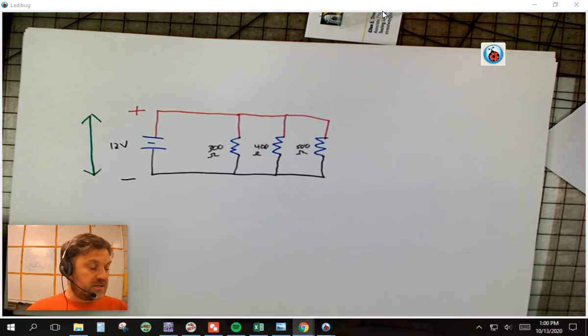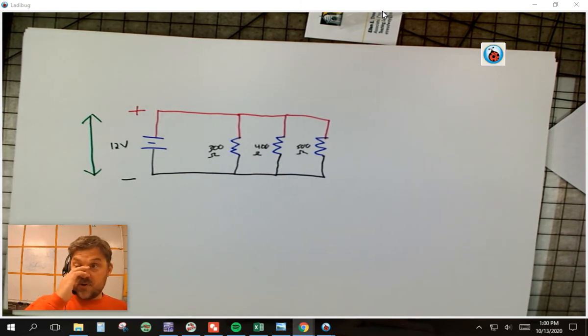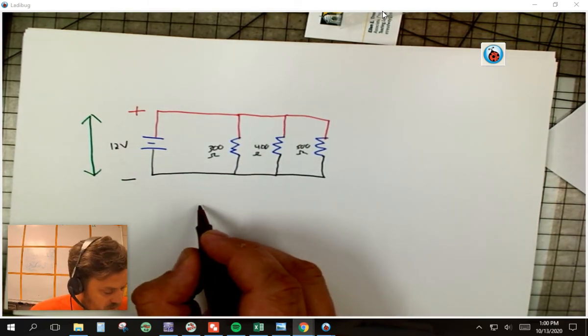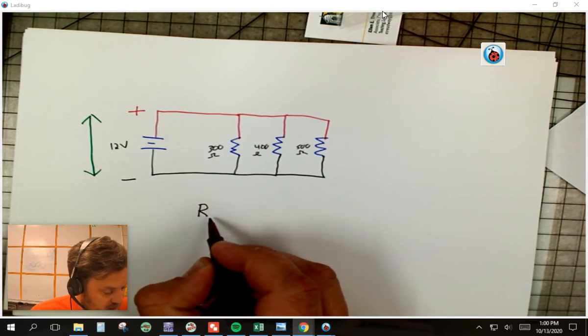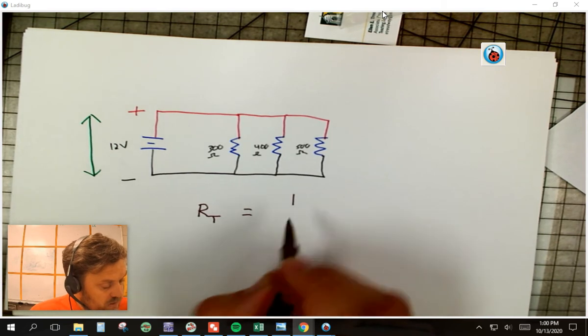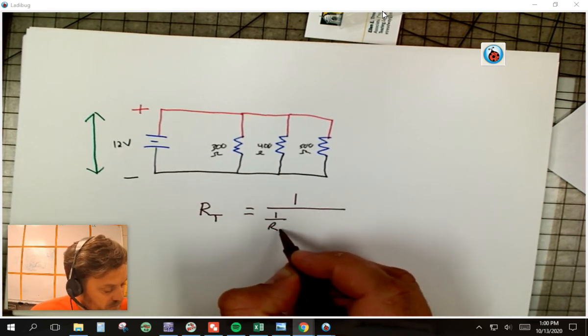In a parallel system, and this is what I always tell people, we're going to remember this as the odd formula. What it says is that our resistance total in parallel is equal to the reciprocal of the summation of the reciprocals.